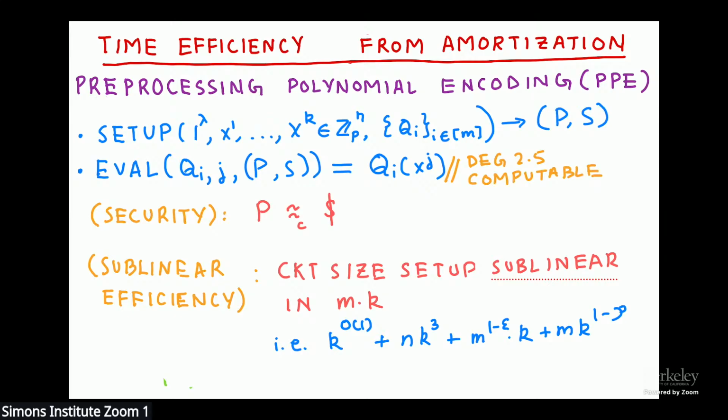Then things like n times k cubed, where n is the number of inputs and k is the amortization parameter, are also okay. It should not be bigger than m times k. So it's okay to have terms like m to the 1 minus epsilon times k. It's also okay to have terms like m times k to the power 1 minus rho.